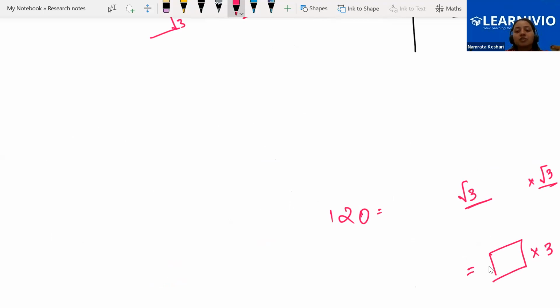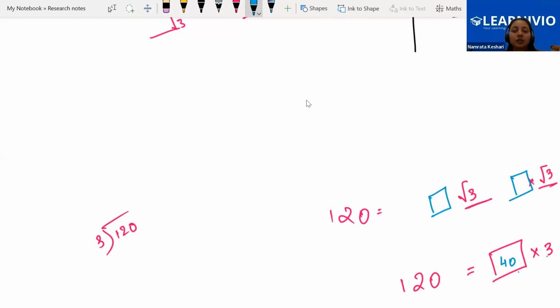Divide 120 by 3 and check it. It's 40. 3 into 40 is 120. Okay. 3 multiplied with 40 is 120.